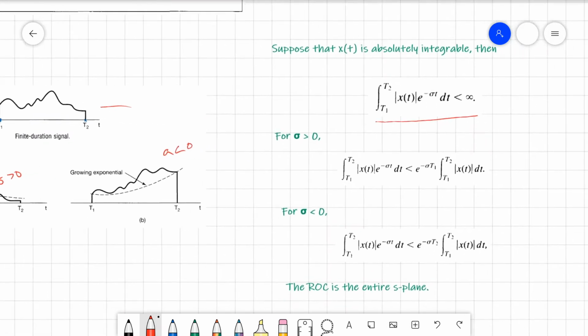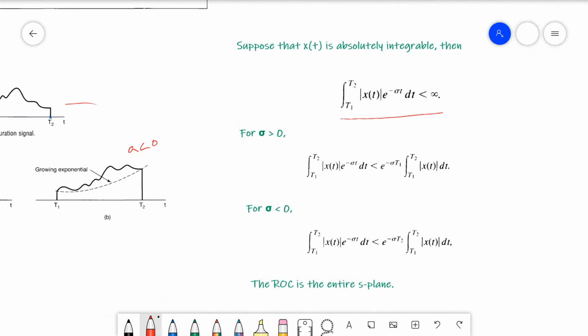So we can say that for any value of sigma, this integration will be bounded by the maximum value at time t1. If the right hand side is bounded, then the left side will also be bounded. So it means that for greater values of sigma, we can take any values and the integration will converge. That means that ROC will be the entire right half plane.